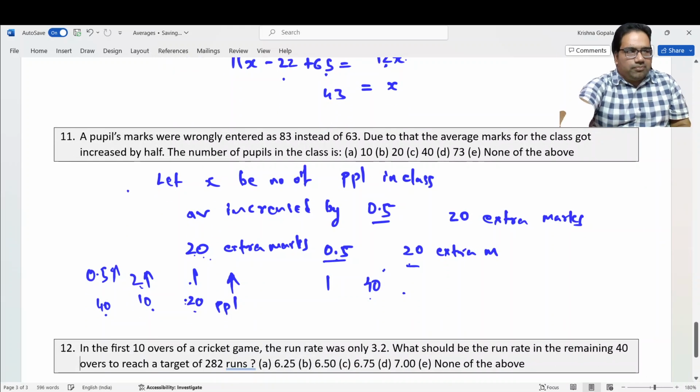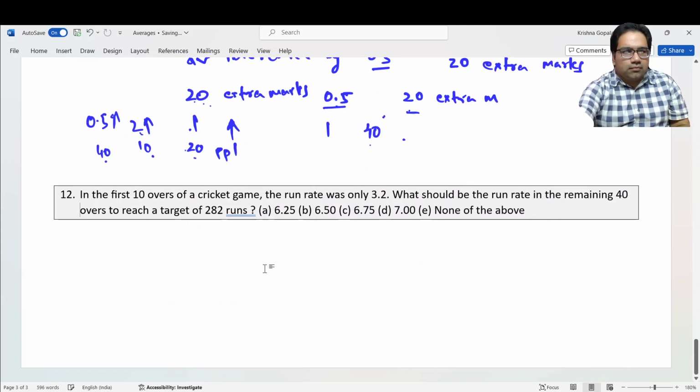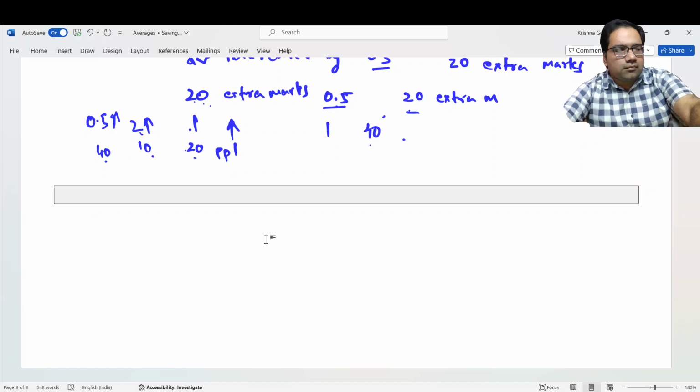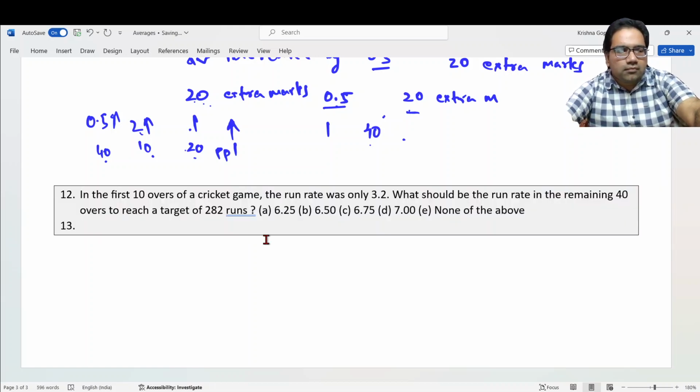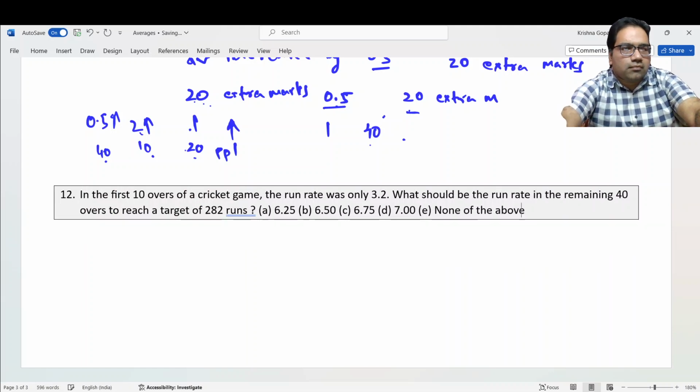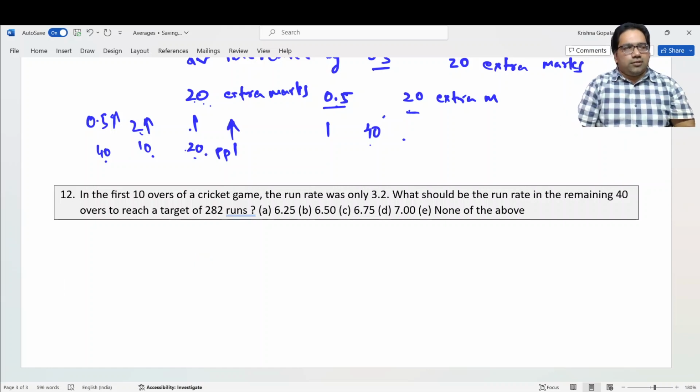Let's go to another problem. In the first 10 overs of a cricket game, the run rate was only 3.2.